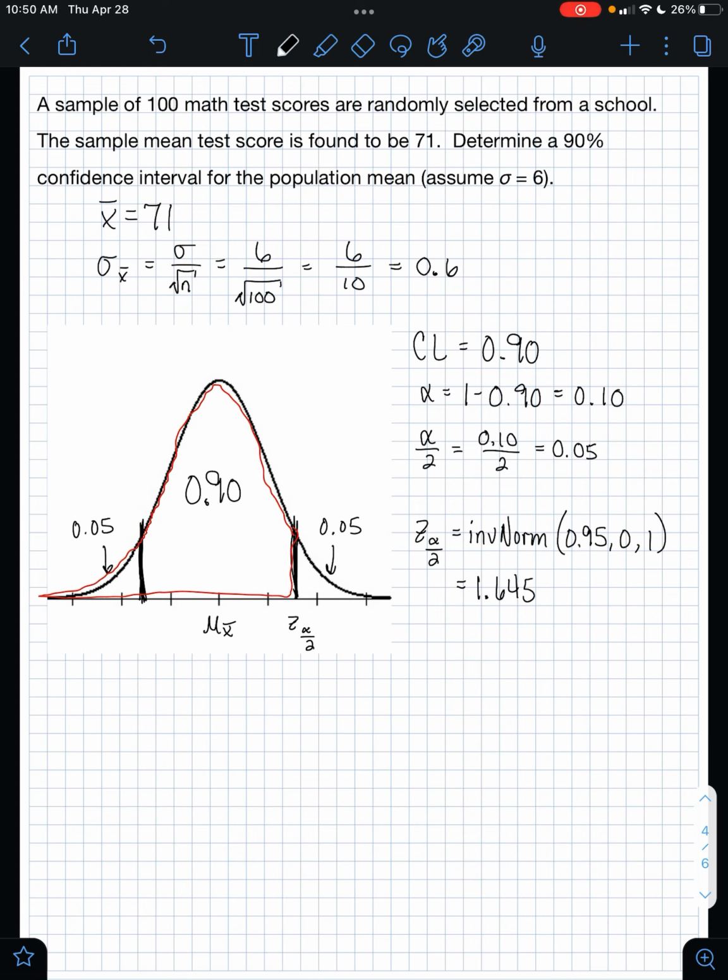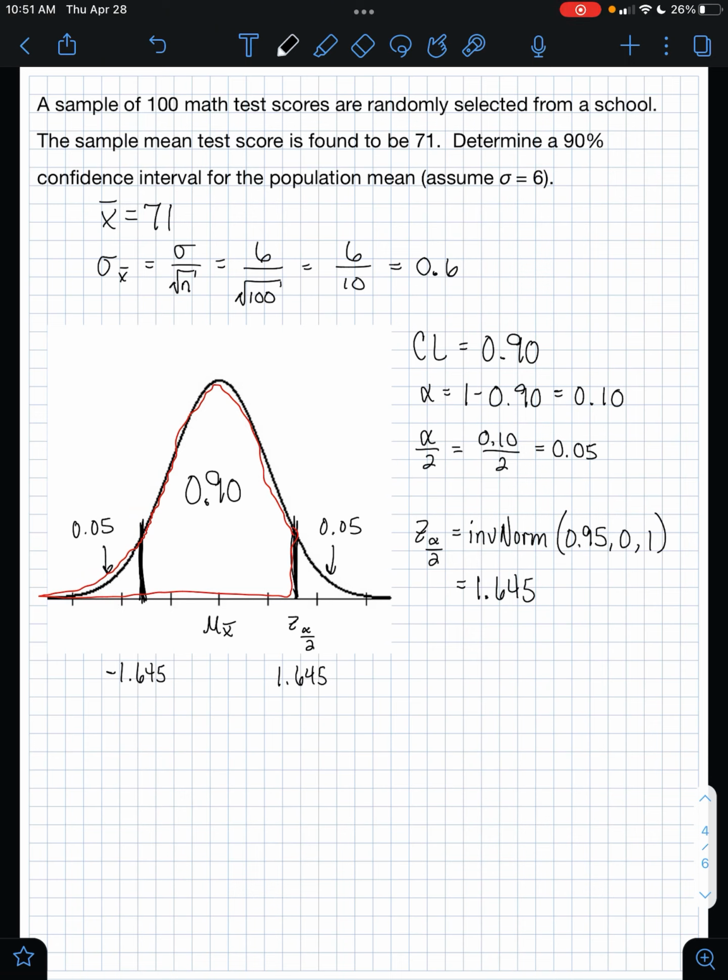So what we've got then is a range of values that goes 1.645 to either side of mu sub x bar. The only problem being we don't know mu sub x bar, but we do know x bar.